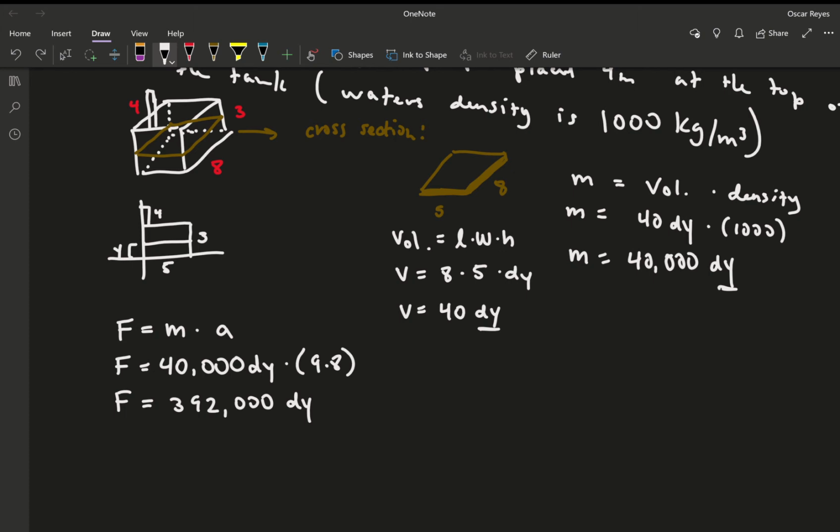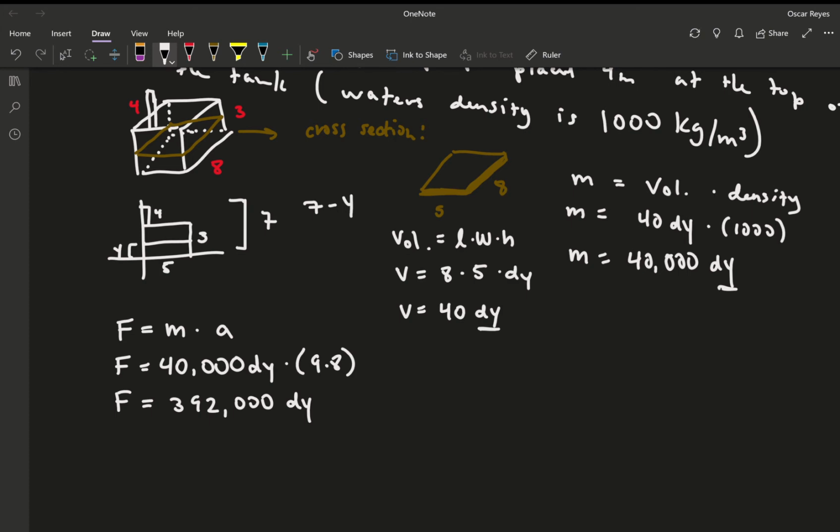So the whole thing, which is 4 plus 3, from the top to the bottom, is 7. But we have a y here. So our displacement means that this water slice needs to move 7 minus y.